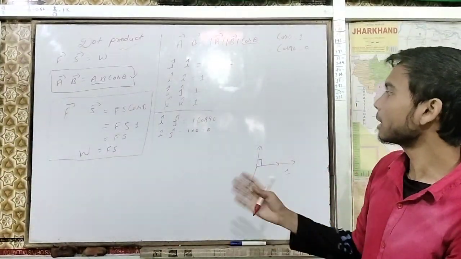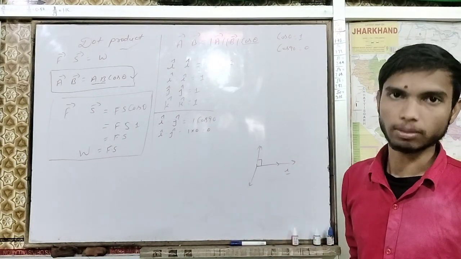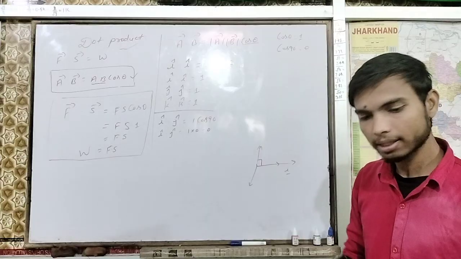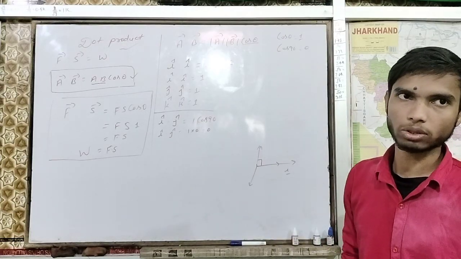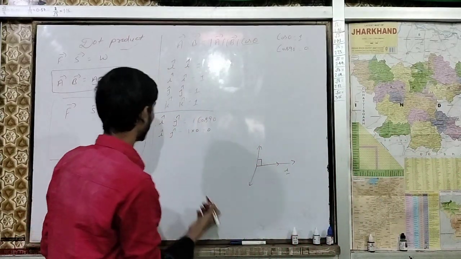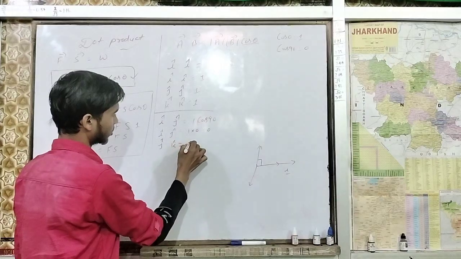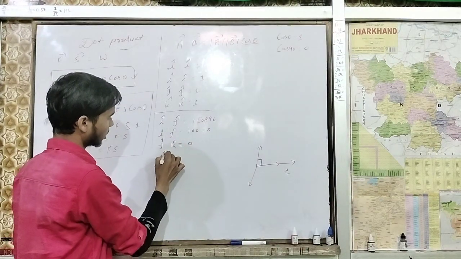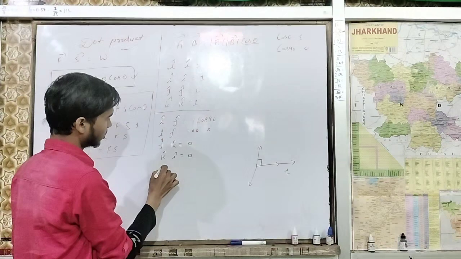If we multiply two components which are not the same, the result would be 0 because the angle is 90 degrees, so cos 90 is 0. Same will happen with the other components: j dot k gives 0, and k dot i gives 0.